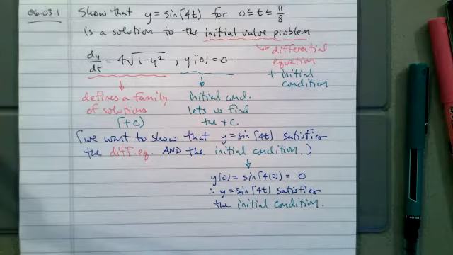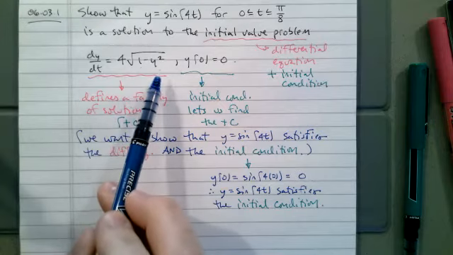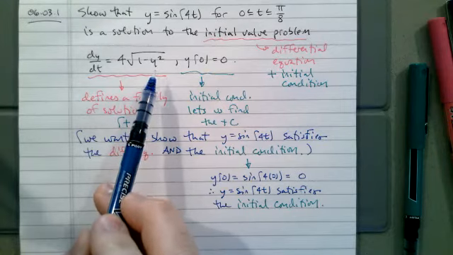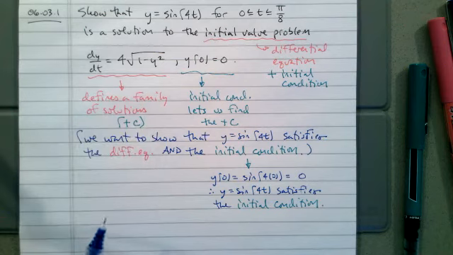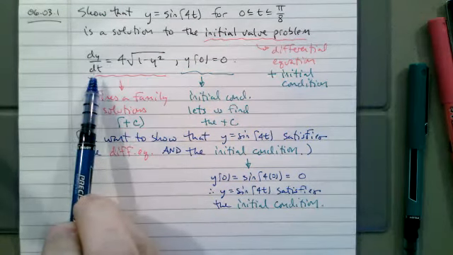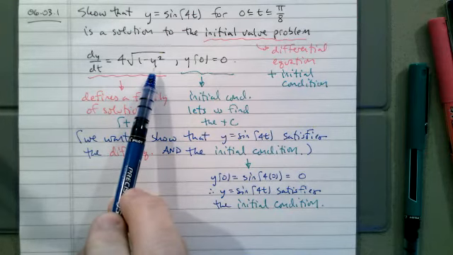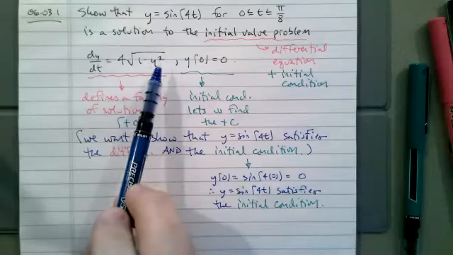Now we also need to show that this function satisfies the differential equation. The differential equation says dy/dt is 4 times the square root of 1 minus y squared, because that's what a differential equation is. It's an equation involving a function and its derivatives, in which the unknown is the function. So we're proposing that sine of 4t satisfies this.